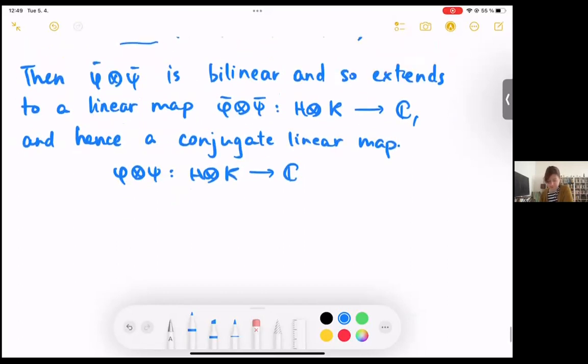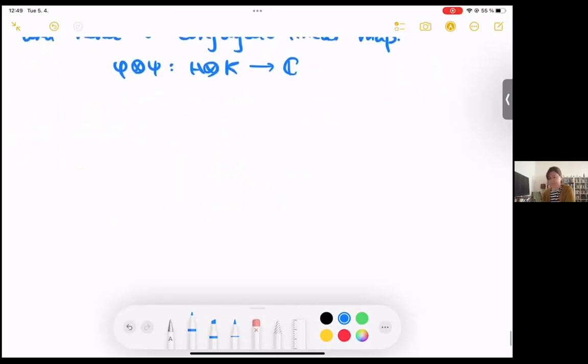Okay, so we're going to use this observation to construct our inner product.